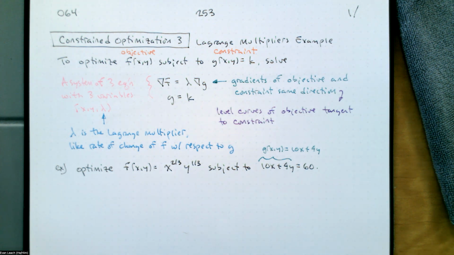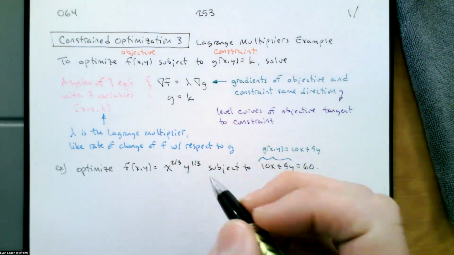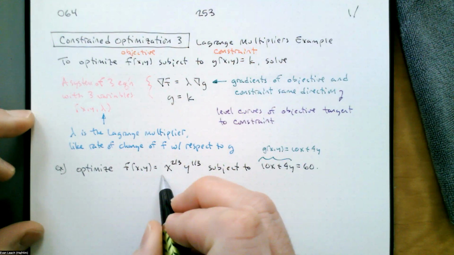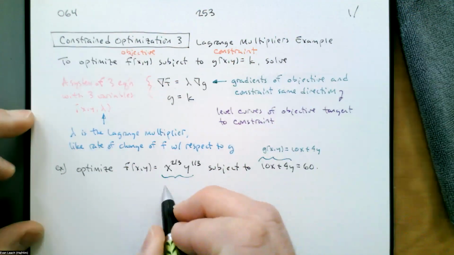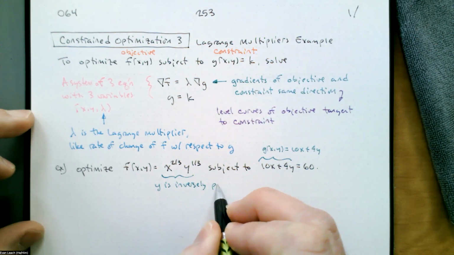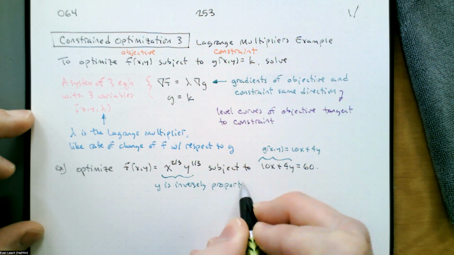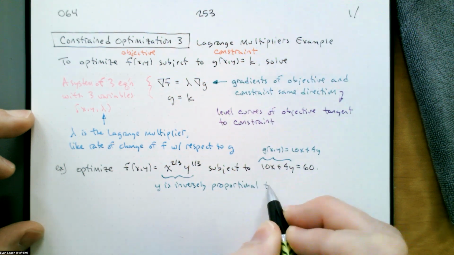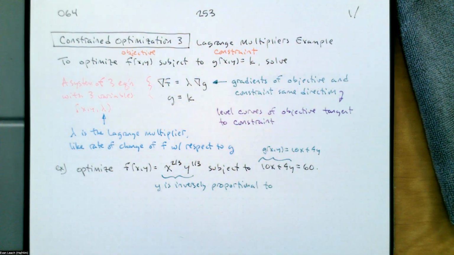So from a math standpoint, with x to the 2/3, y to the 1/3, the level curves will let us say y is inversely proportional, in this case, to the square of x.